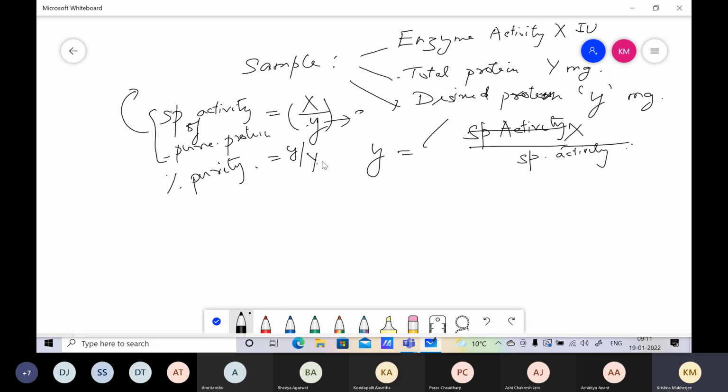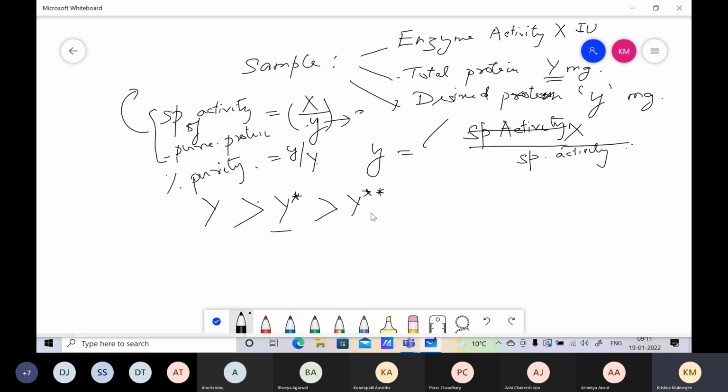Now, when I carry out any purification, this Y will change. Any purification will get rid of protein. So you will get something called Y star, which will be less than the original Y. As we keep purifying, you will get less and less protein.